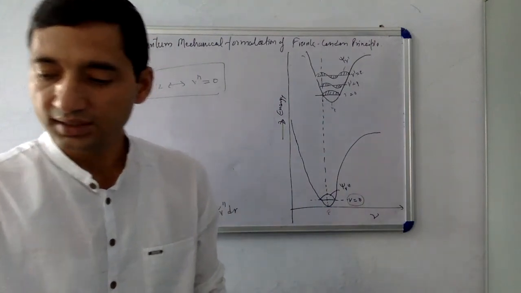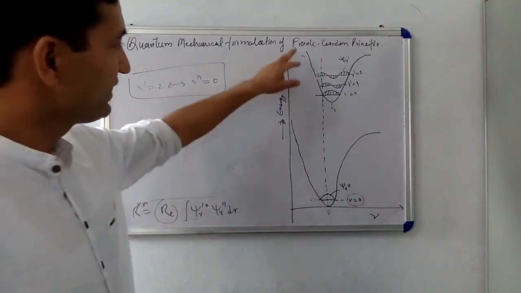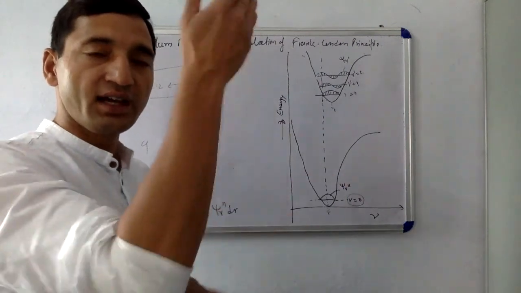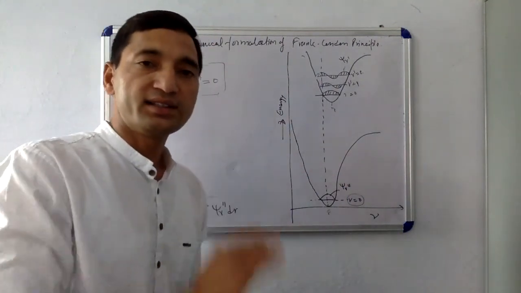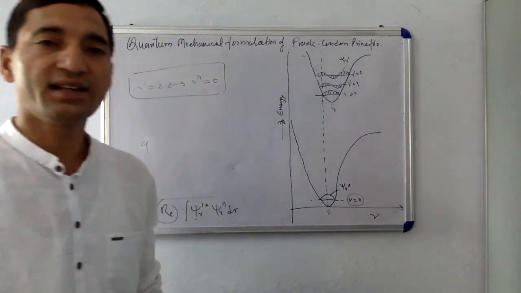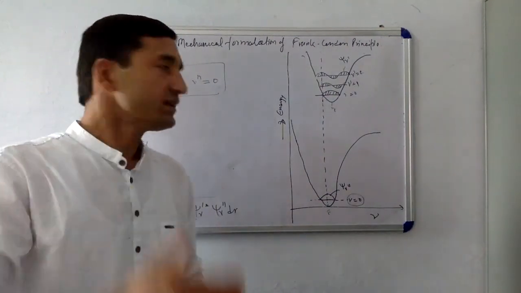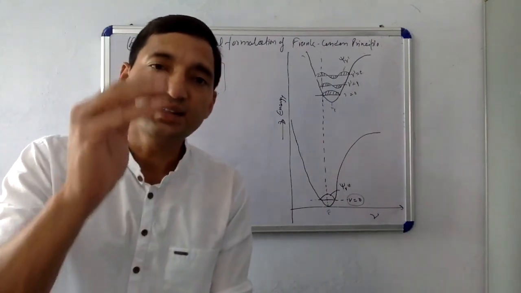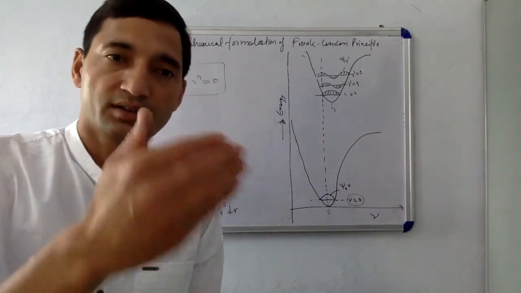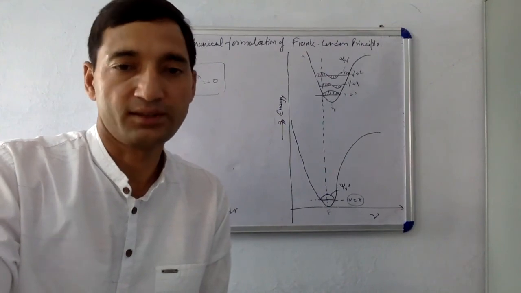We will plot these energy diagrams and see how these wave functions overlap perfectly, corresponding to which we get sharp, high intensity lines. On the other hand, there are other probabilities, for which we get slightly less intense lines or bands.